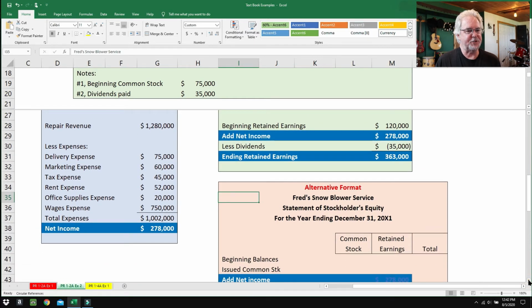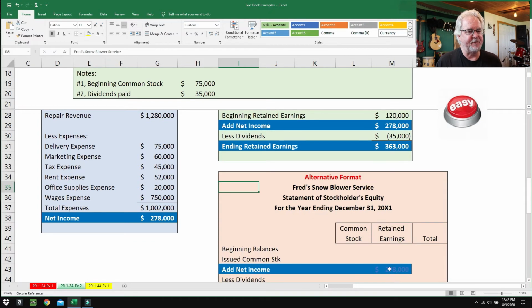So here's all there is to it, folks. Half of it we already know how to do. Half of it is right here, retained earnings. It's exactly what we did right up here. For instance, the beginning balance in retained earnings is 120. So let me drop that down. How do I know that? Well, it's the same thing as the last statement. Add net income. Here we go, add net income.